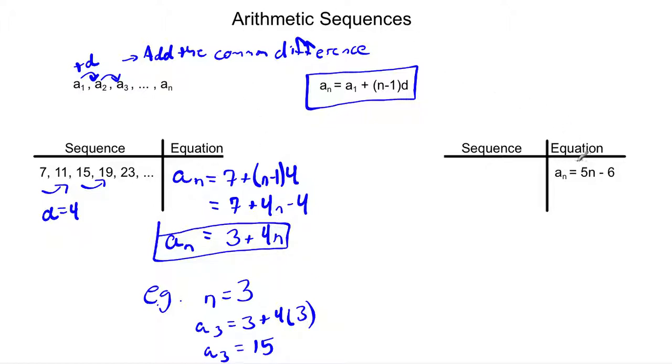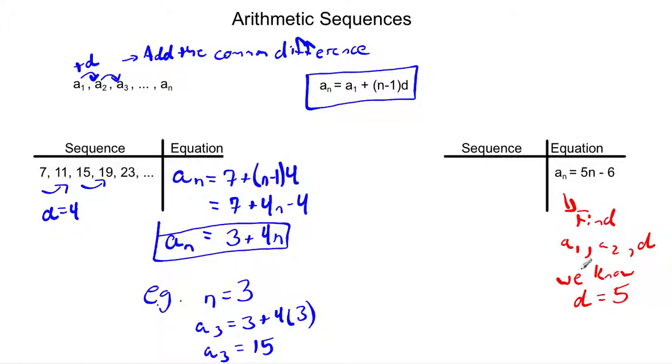So here, I'm given the equation, and I want to find out the sequence. Well, all we have to do is find a sub 1, a sub 2, and the common difference. So we know that the common difference is equal to 5.